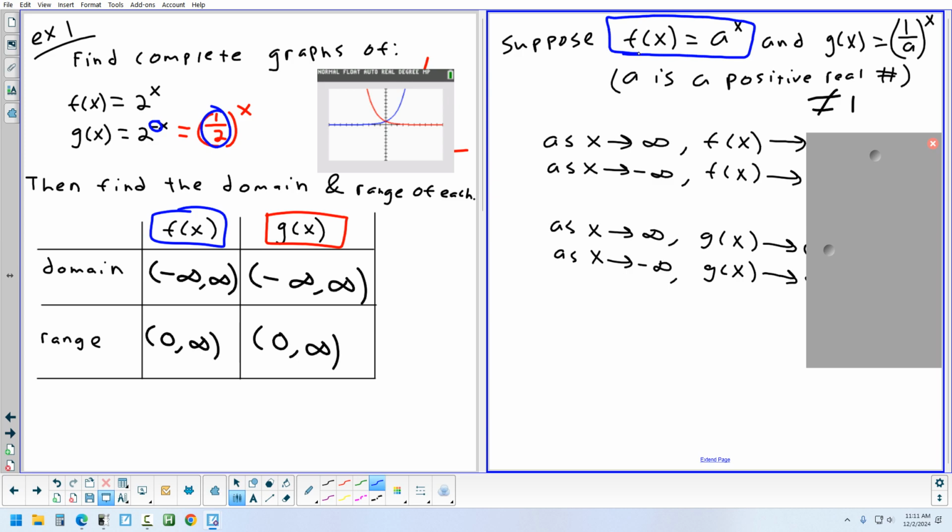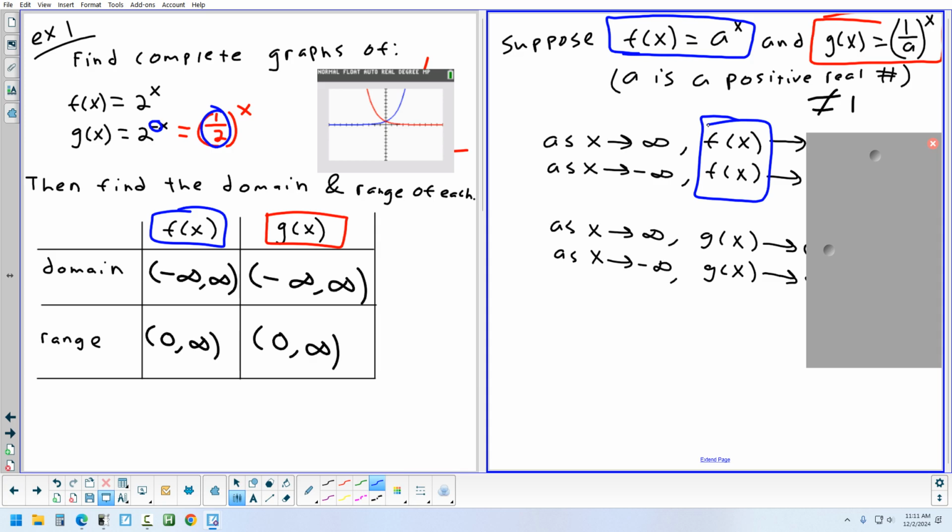So the blue one represents exponential growth, and it's going to look something like that, maybe a little steeper, maybe less steep. And the red one is representing what we call exponential decay. So let's start with the blue one, f of x. On the blue graph, as x approaches infinity, you're heading which way?